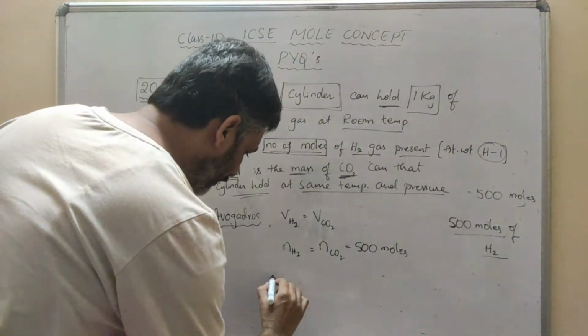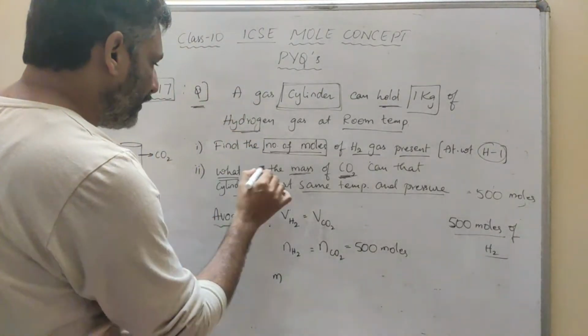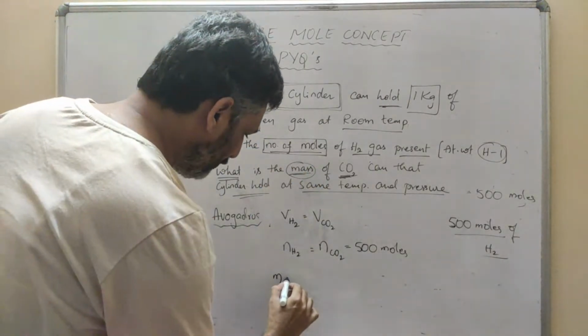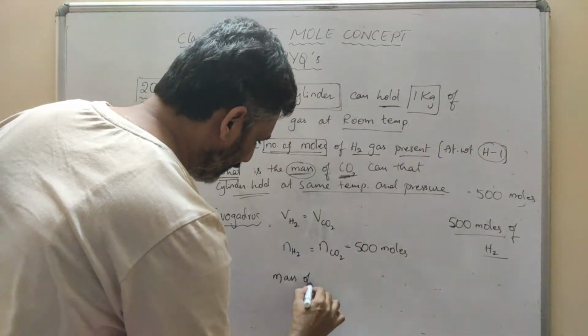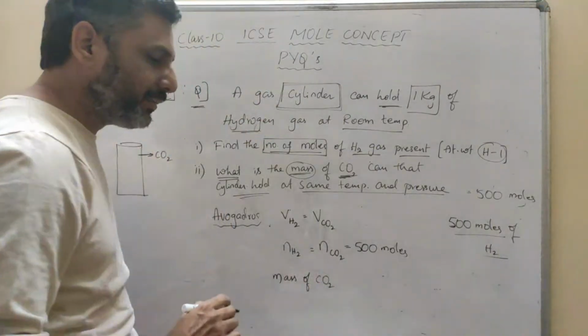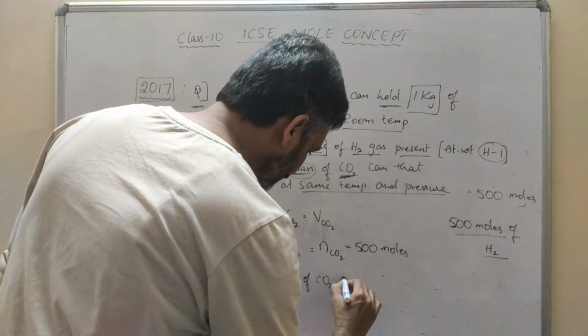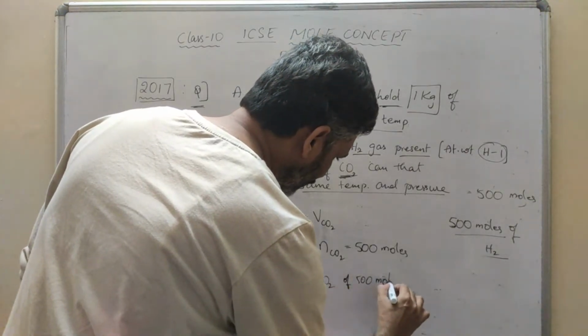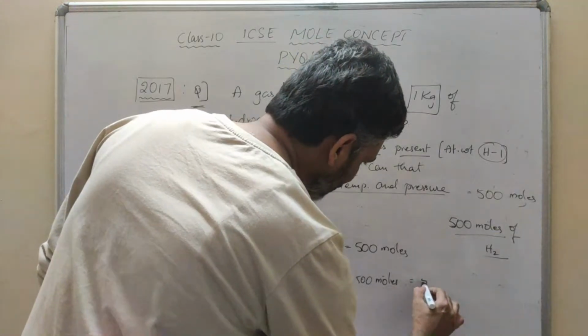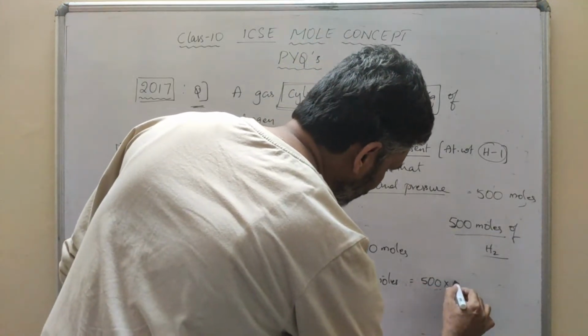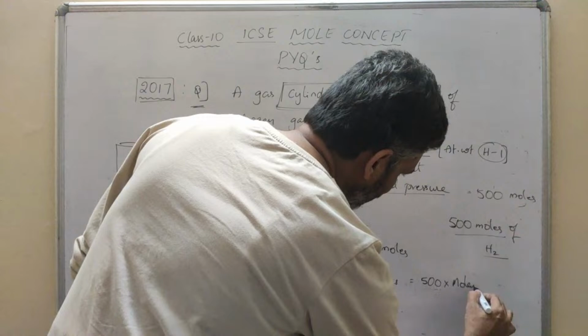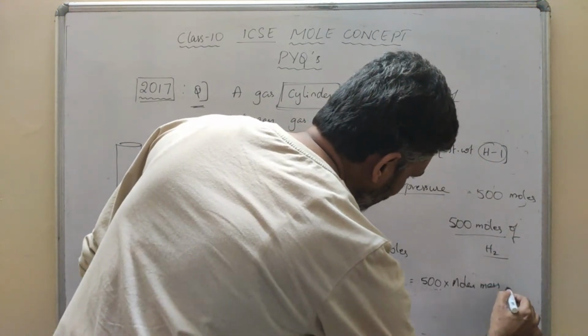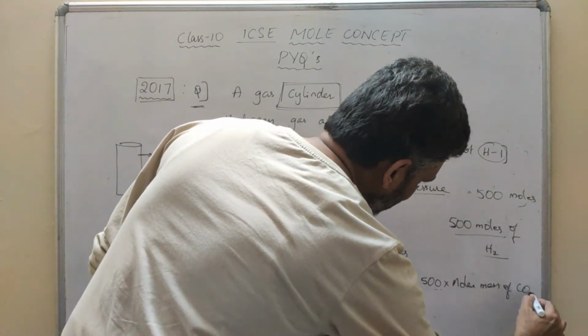So then you have to find what is the mass of carbon dioxide, of 500 moles. That is nothing but number of moles into molar mass of carbon dioxide.